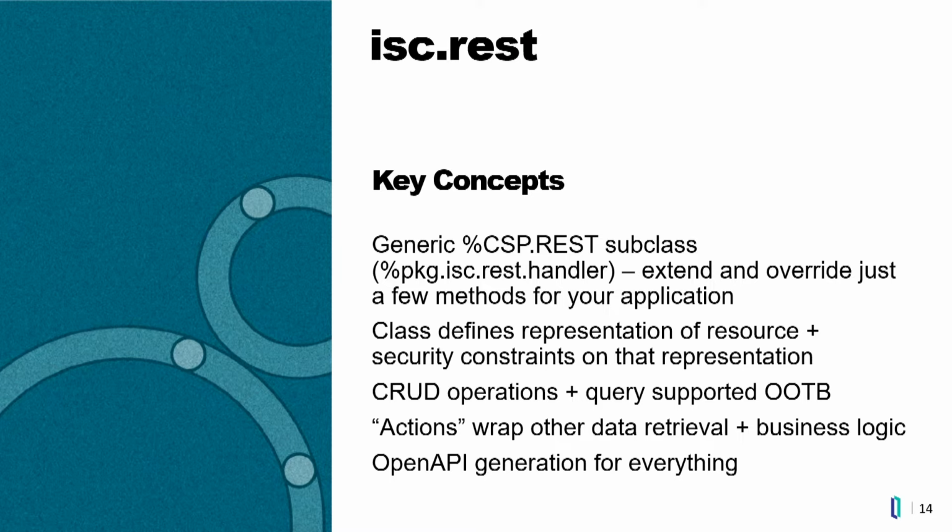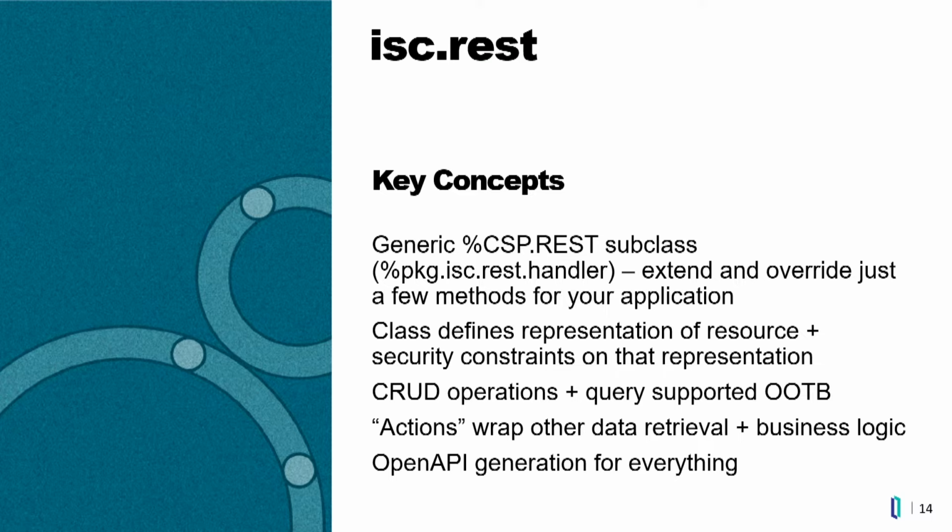So instead of overriding that URL map, there is a standardized URL map that takes into account the names of individual resources. So you have a class that defines a given representation of a REST resource and all of the security constraints on that representation.